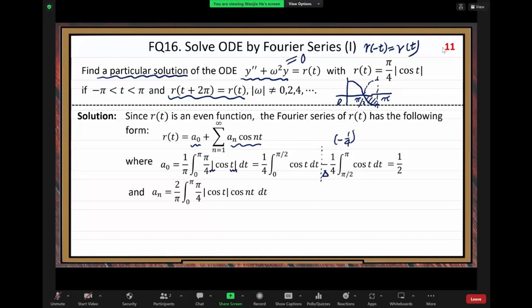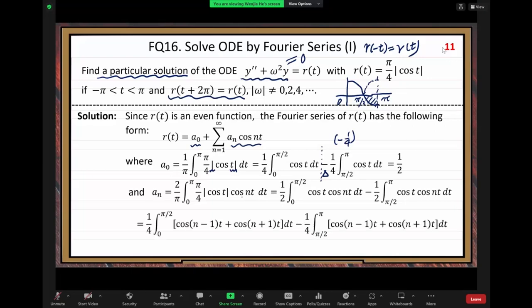And this time, in order to remove the absolute value, we use these two subintervals. Split into these two subintervals. Then here we need to apply, remember, the product of two trig functions.